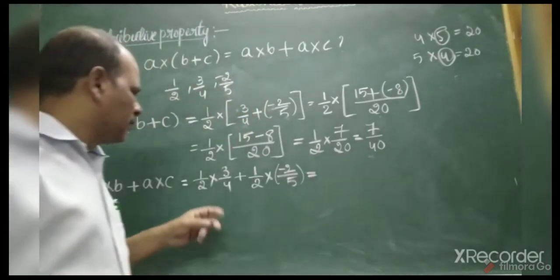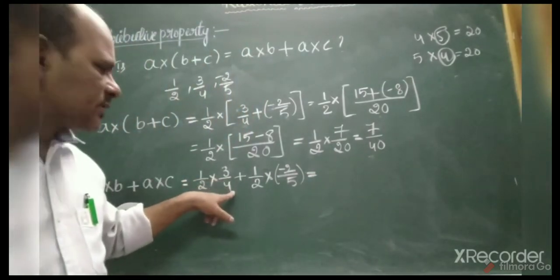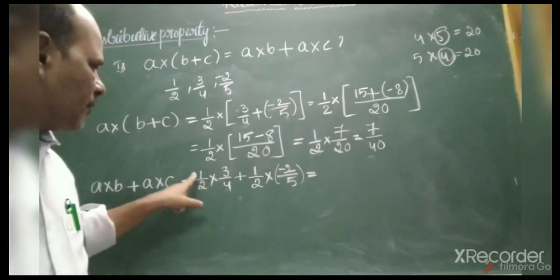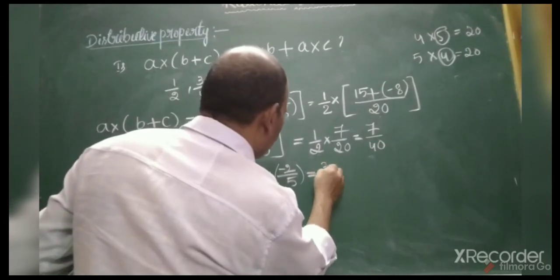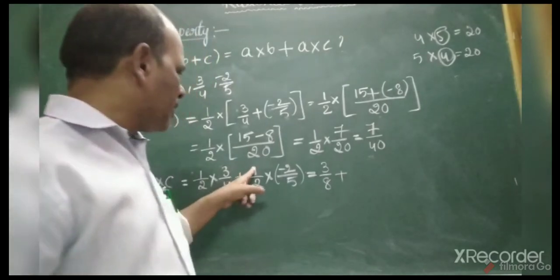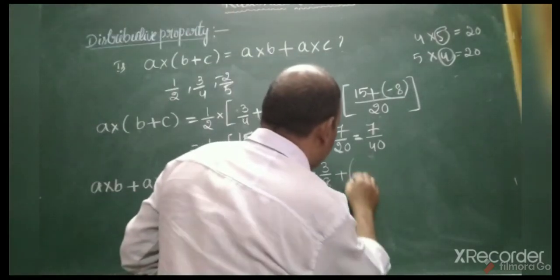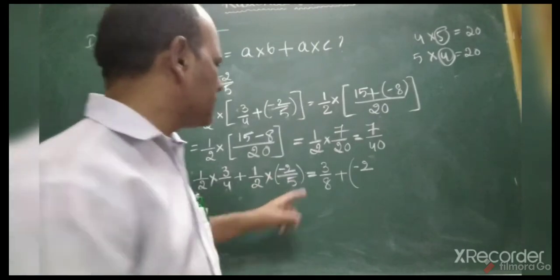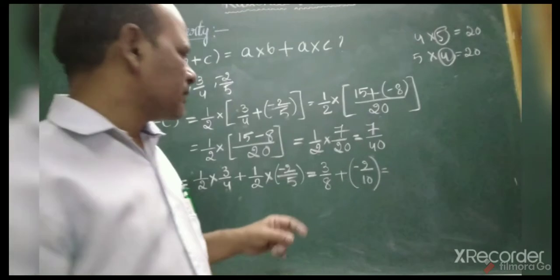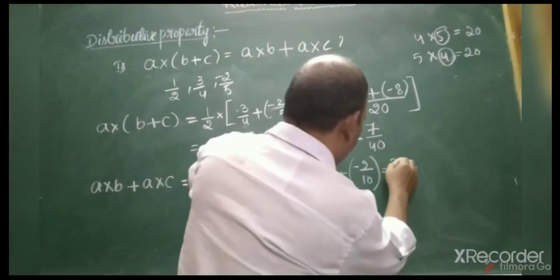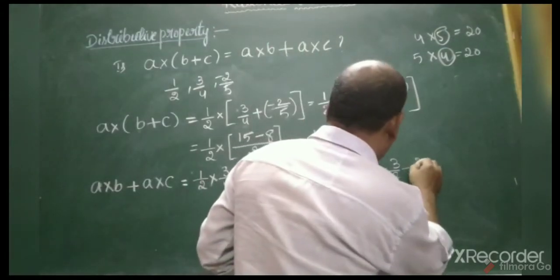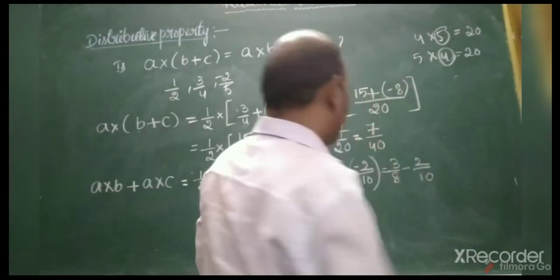When you are multiplying two rational numbers, you have to multiply numerator into numerator and denominator into denominator. 1 into 3, 3 by 2 fours are 8, plus 1 into minus 2, minus 2, 2 fives are 10. Now for the simplification, 3 by 8, again plus into minus, minus 2 by 10.